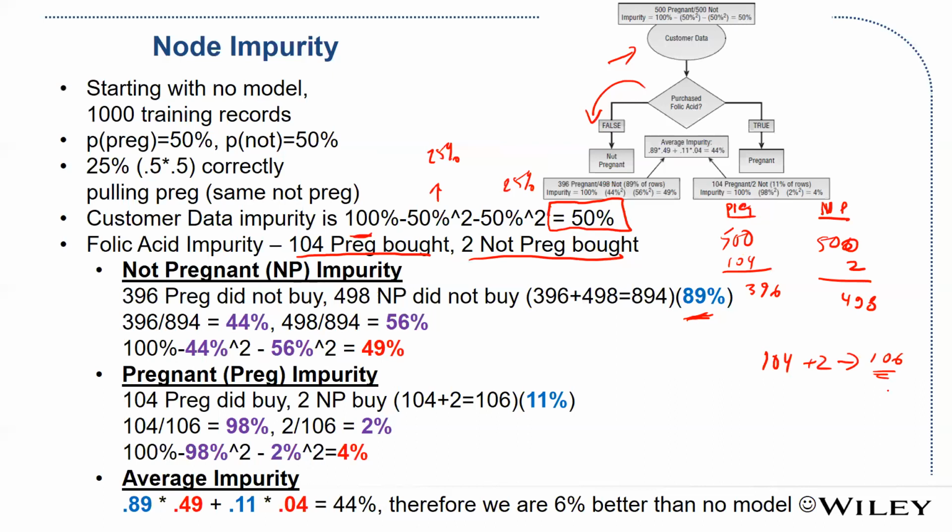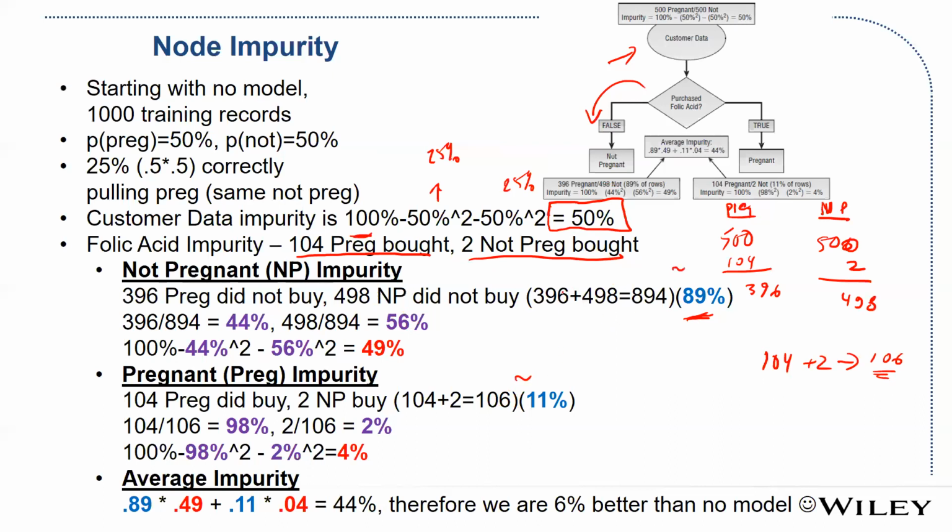Okay? But in actuality, we have 500 not pregnant and 500 that are pregnant, which is kind of funky the way this model works. Okay? So then what happens is we add those two together and we get the 106, and if we round that up, that's approximately 11% right here.